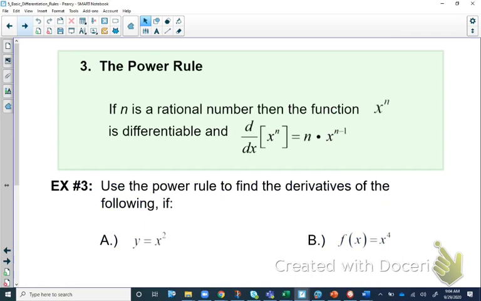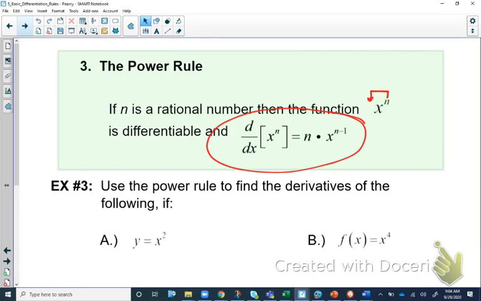Now we're getting into some good stuff with the power rule. What it's telling you here in the box is really good information. What they're showing you is that the exponent on the variable gets multiplied to whatever number is in front of your variable.